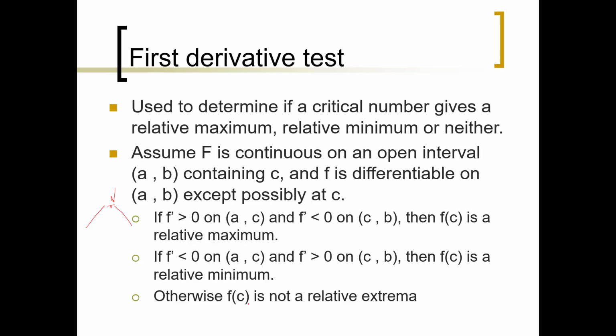For the same reason, if the derivative is negative before c, that means that the function is decreasing, and if it's positive after c, then the function is increasing. But since the function is continuous at c, there's a point there, and because it's continuous, everything glues together.